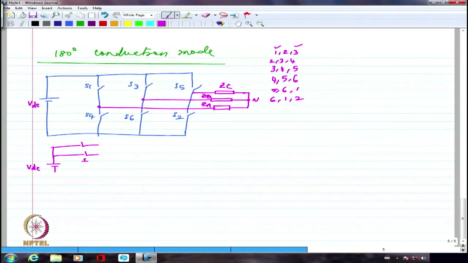Through 1, I am going to connect ZA, and through 3, I am going to connect ZB. Now these two are together, and from here, I am going to have ZC, which is connected to the negative through 2.